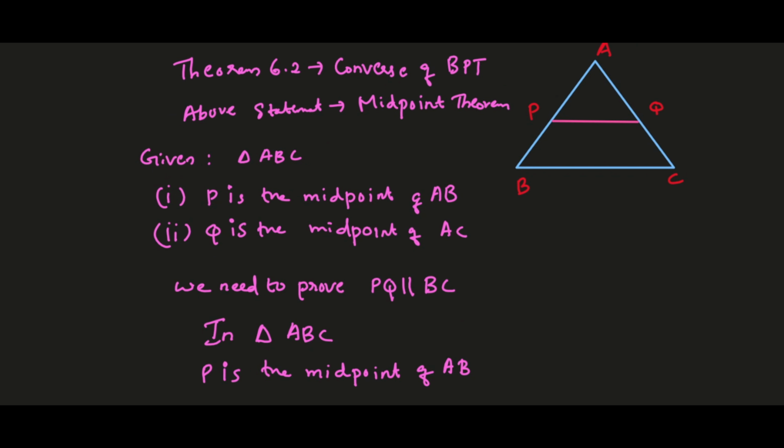The converse of the basic proportionality theorem, that is theorem 6.2, says that if two sides are divided in the same ratio by a line, then that line is parallel to the third side. Here AP by BP is equal to AQ by CQ.